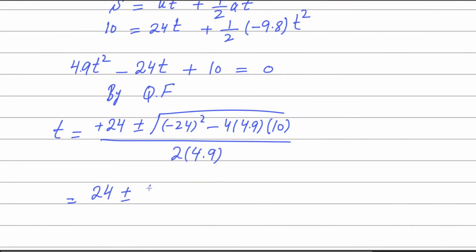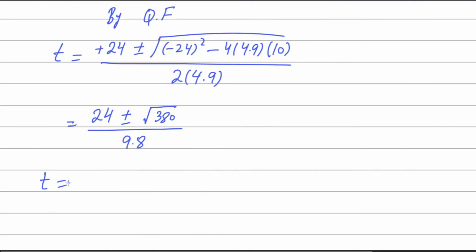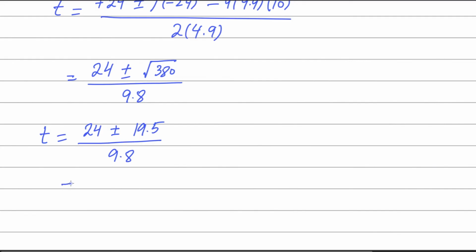The answer under the square root is the square root of 380, divided by 9.8. The square root of 380 is 19.4, and we can make it 19.5 after rounding. So it will be 24 plus or minus 19.5 divided by 9.8.